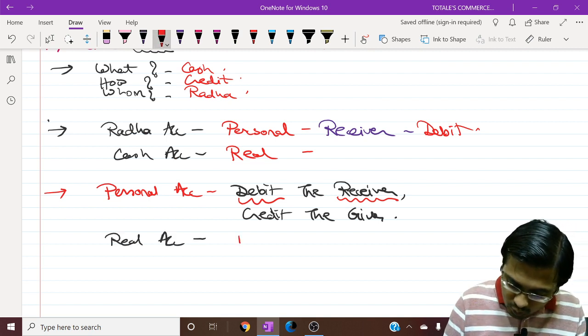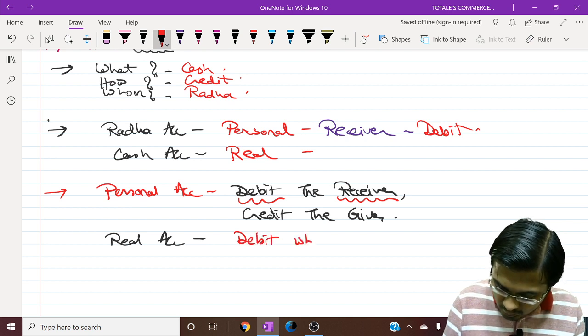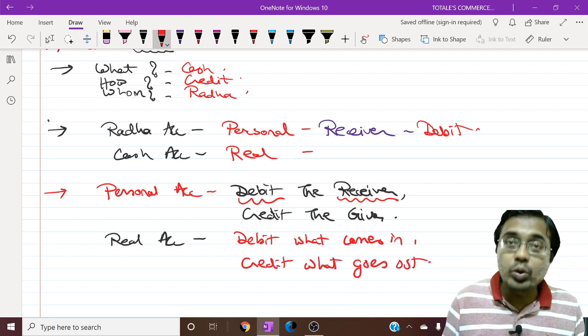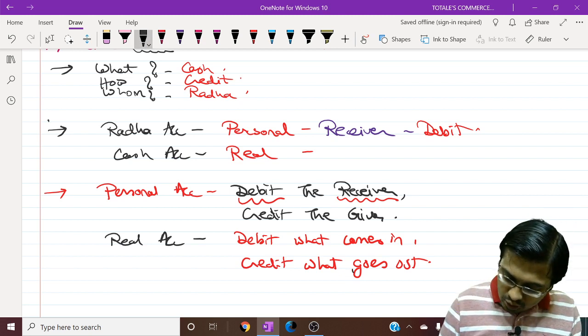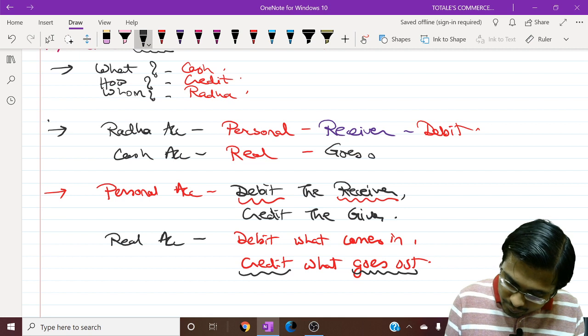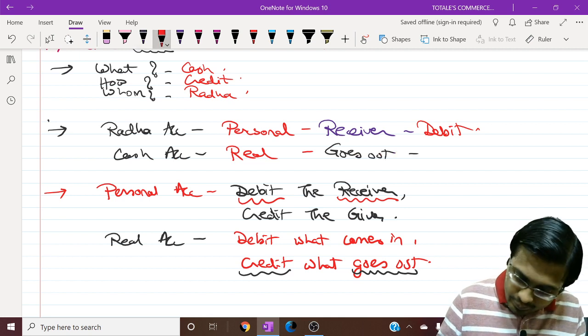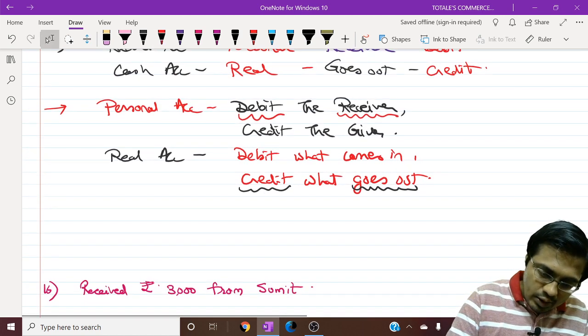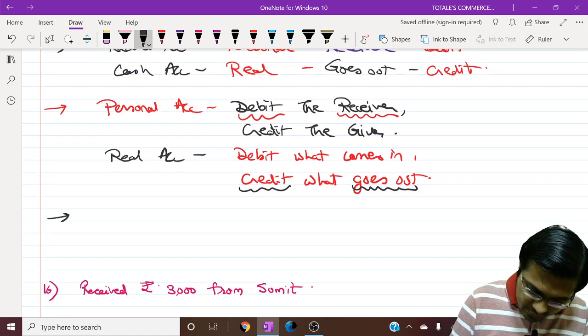What are the rules? Debit what comes in, credit what goes out. We are giving a loan to Radha, right? So cash is going out of our hand. So cash goes out, so credit what goes out. So we get our answer: Radha account debited and cash account credited.